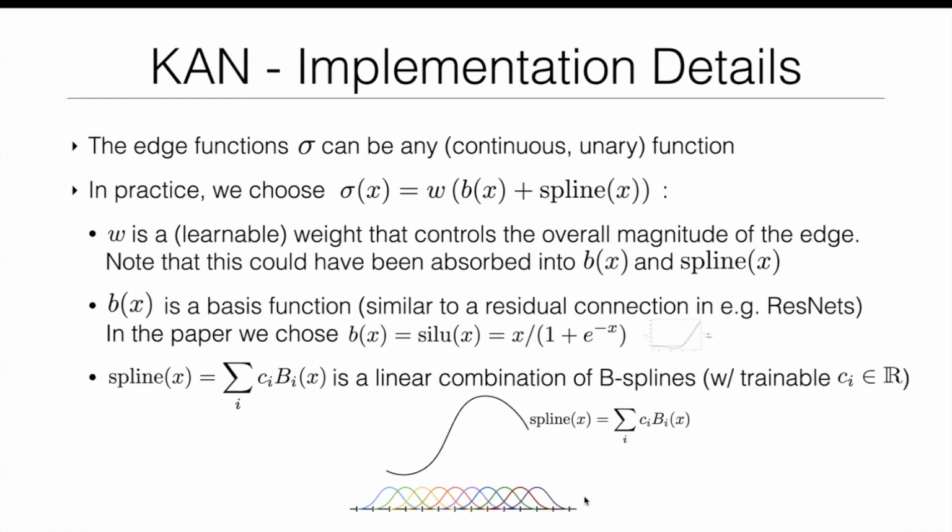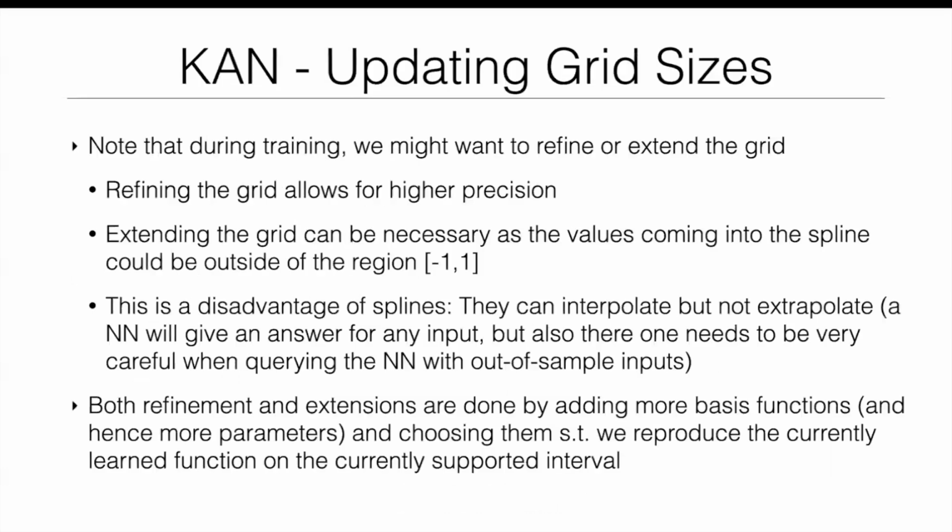We have to add more basis functions so that we can deal with this new input. This is, if you want, a disadvantage of splines. If I had a neural network, I can throw any real number at it and it will produce an output. If this neural network was never trained with this, the output might be very, very bad. This is what's called an out-of-sample input, giving it something that it hasn't seen before at all.